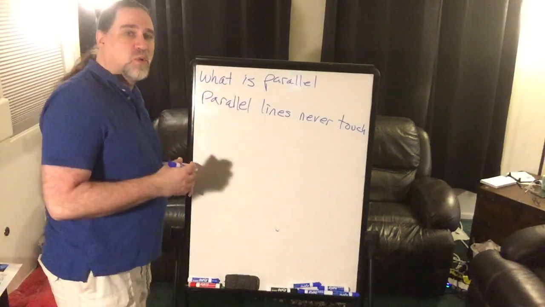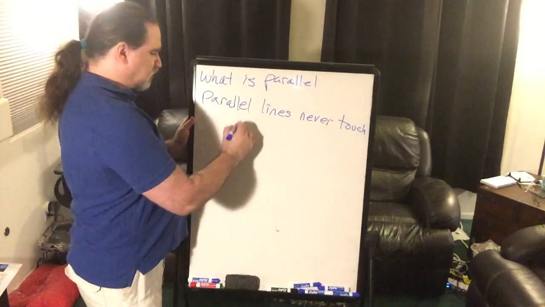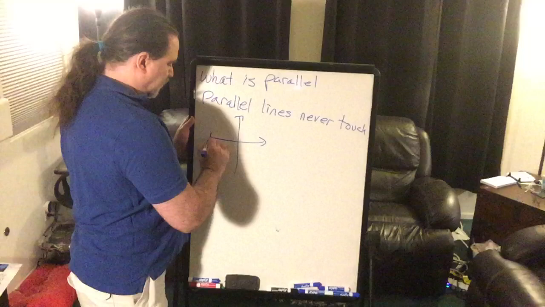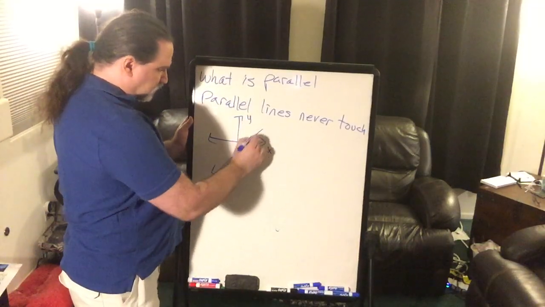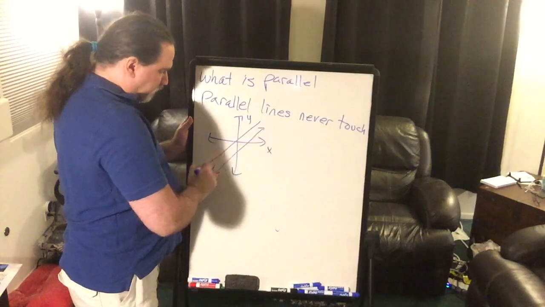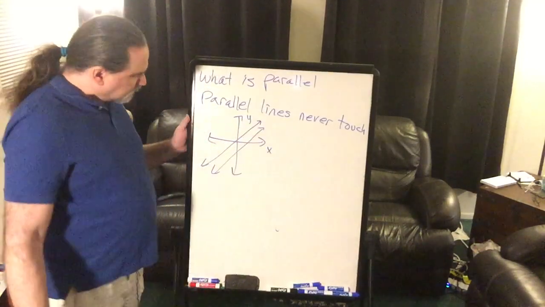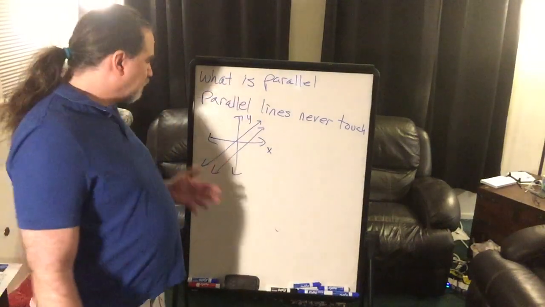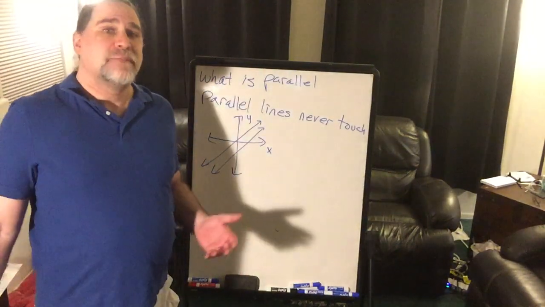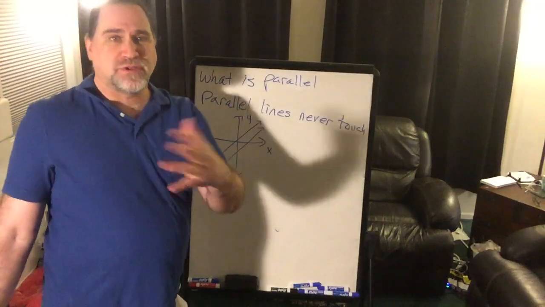How do we know two lines are parallel? If I have my little drawing here, my x and my y, and I have this line and I have this line, and maybe I drew them great, maybe not so great, and I tell you they're parallel, well, you have to believe me.